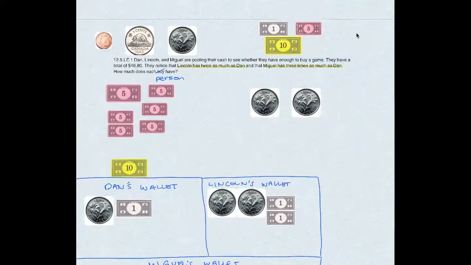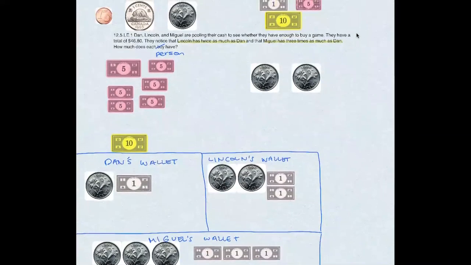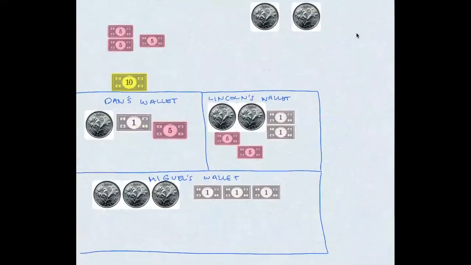Oops, I grabbed too much. Sorry about that. Well, we'll just leave that 10 for now because we don't need to actually break it up yet, because I already have six fives and I can go through that process again of one five for Dan, two fives for Lincoln, and three fives for Miguel.